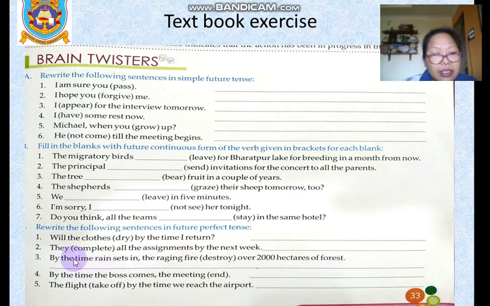We will write, by the time rain sets in, the raging fire will have destroyed over 2,000 hectares of forest. By the time the boss comes, the meeting ends. By the time the boss comes, the meeting will have ended.